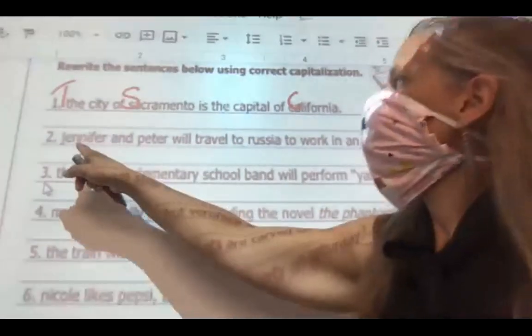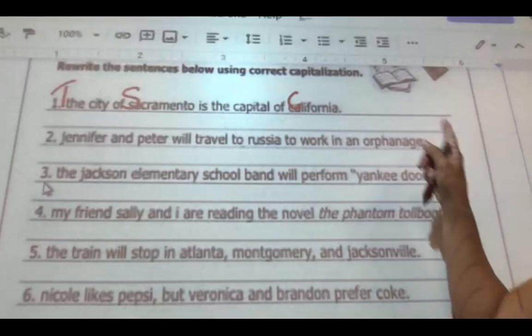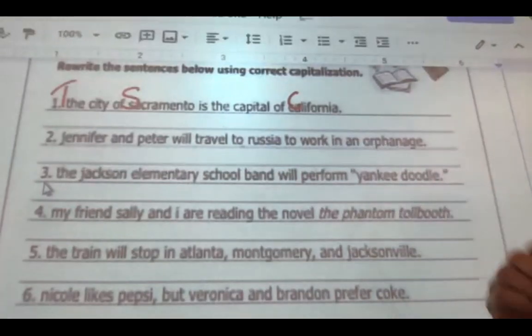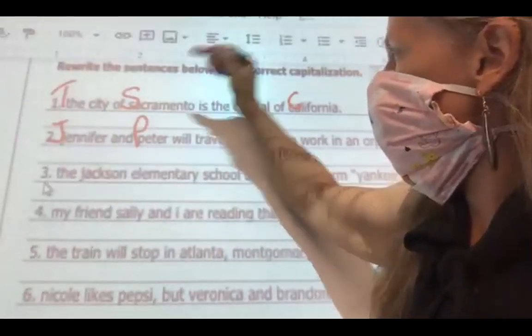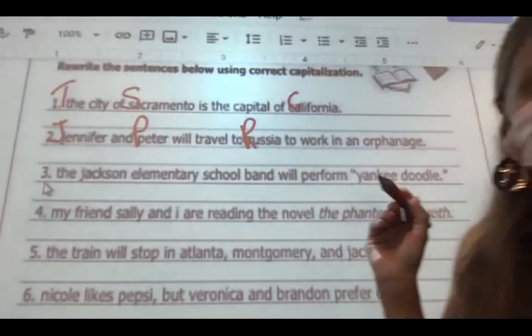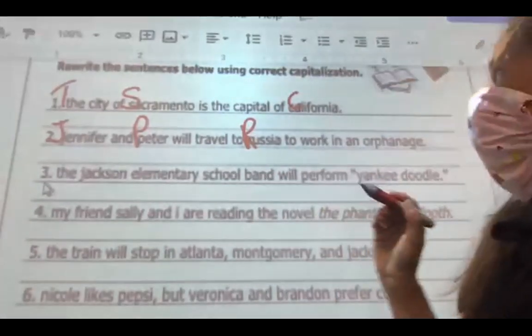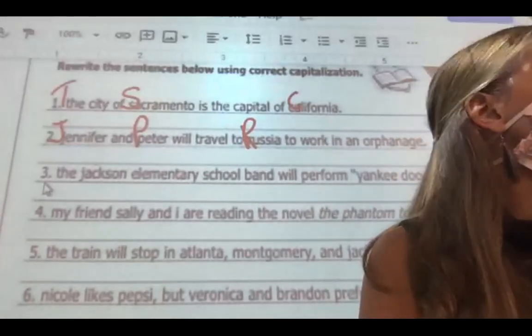Number 2, Jennifer and Peter will travel to Russia to work in an orphanage. Reuben, what needs to be capitalized? The J, what else? The P, what else? And the R, good. Questions? What about the O? Why would the O not be capitalized, Reuben?